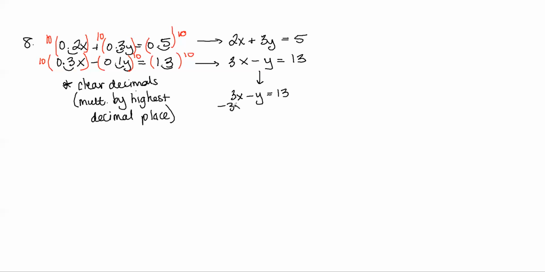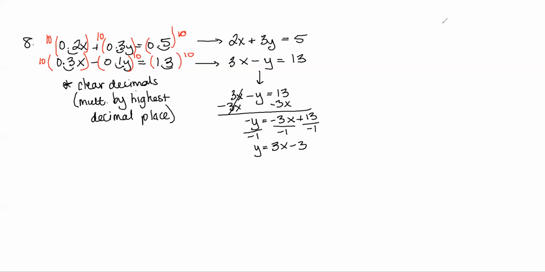So we're going to subtract 3x, and we get -y equals -3x plus 13. Divide everything by -1, and we get y equals 3x minus 13.